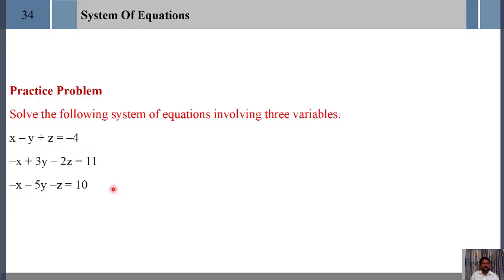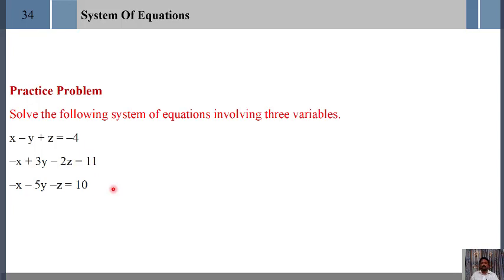For example, you eliminate x, then you get the resultant equations in terms of y and z. Solving the equations in variables y and z, you can find either y or z. If you eliminate y, then you can find the value of z. Then simply substitute the value of z in the obtained equation involving two variables, then you can find the value of y.